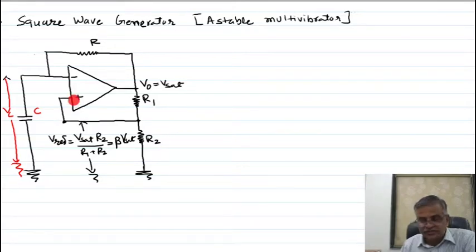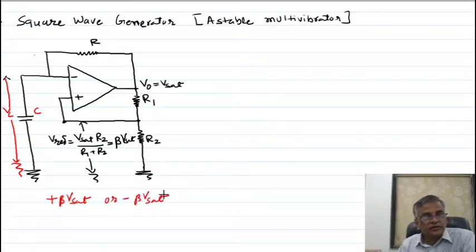So the voltage at the plus terminal is V saturated R2 upon R1 plus R2, or I can write beta V saturated. This voltage may be positive or negative. The principle of generation of square wave is to force the op-amp to operate in the saturation region. So this is the basic principle of this circuit diagram.